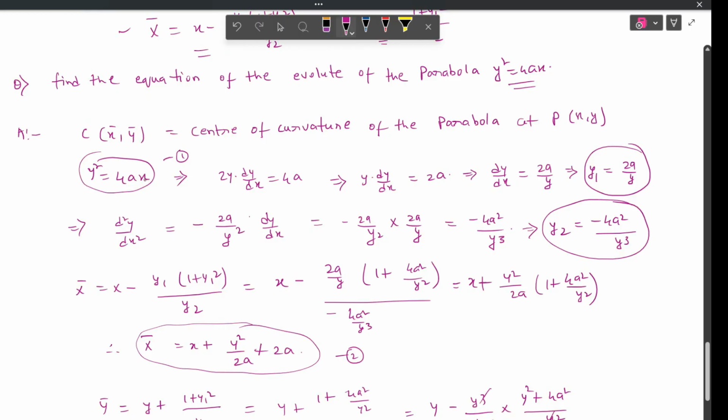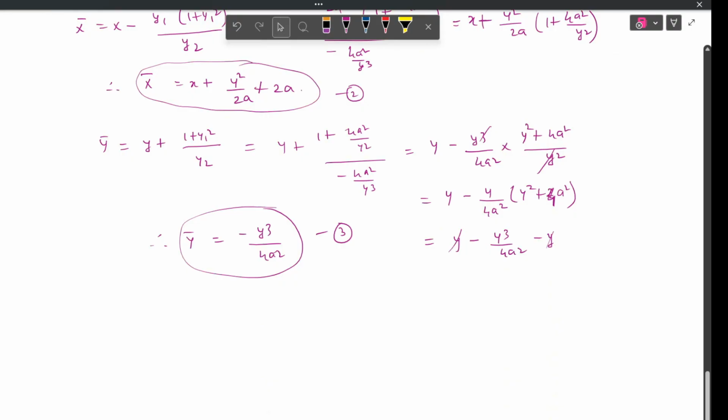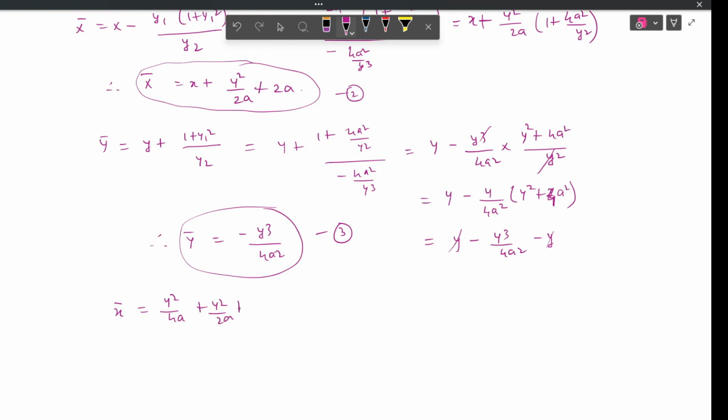So from this you can say that x is y square by 4a. And let's put this value in this. So x bar would be y square by 4a plus y square by 2a plus 2a. That is 3y square by 4a would be x bar minus 2a.